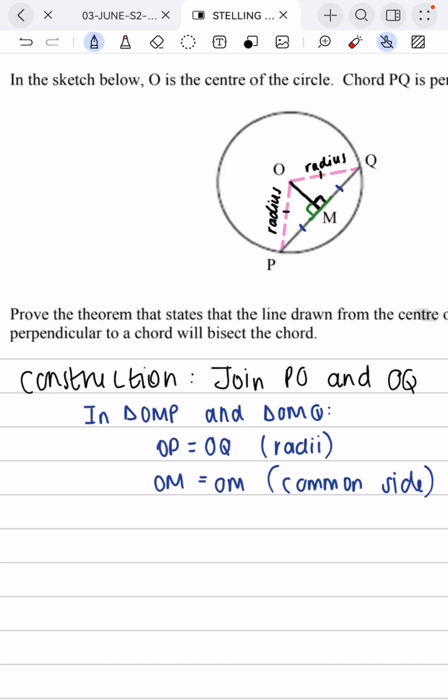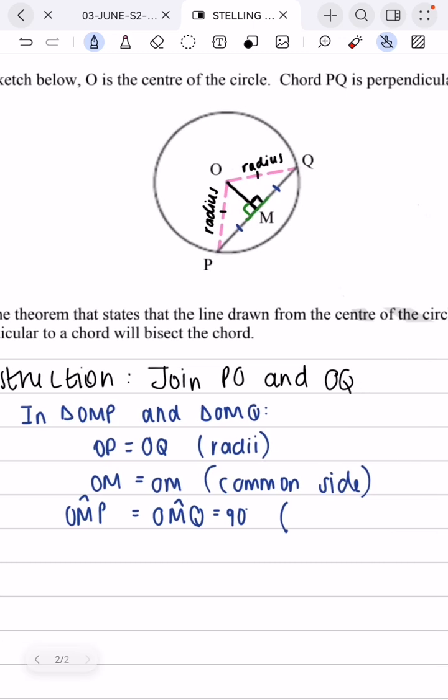And then lastly, we will say that angle OMP, which should be first, is equal to angle OMQ, and they will both be 90. Now, one of the angles is given as 90. Therefore, we have to calculate the other angle using angles on a straight line.